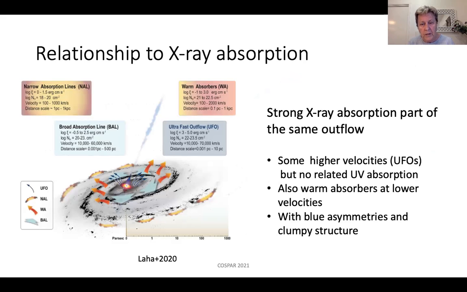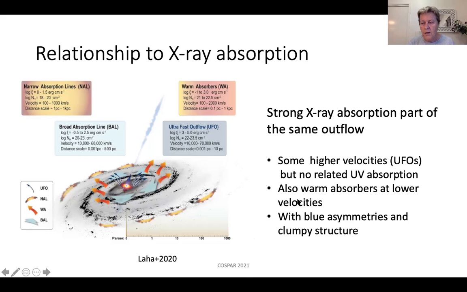Some have extremely high velocities, ultra fast outflows, but sometimes they have related UV absorption and sometimes they don't. So again, suggesting that the X-ray and the UV absorption are not happening in the same parts of the wind. And so when viewed from different directions, they don't always align.